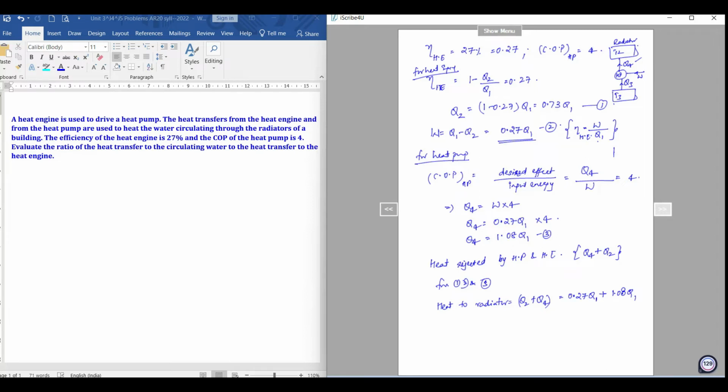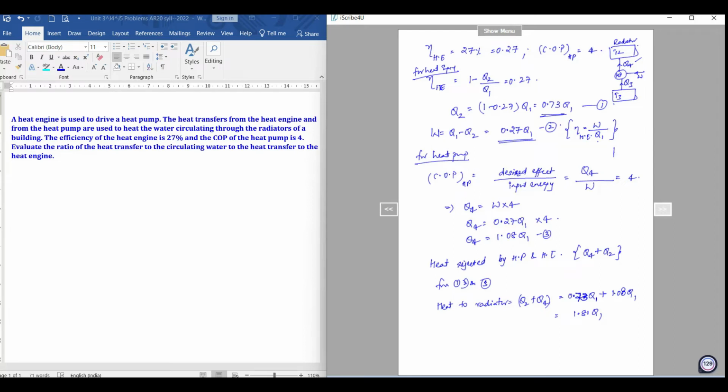Sorry, this Q2 is 0.73 times Q1, not 0.27. So 0.73 times Q1 plus 1.08 times Q1, I can write as 1.81 Q1. Q2 plus Q4 equals 1.81 Q1. So what is the question asked?